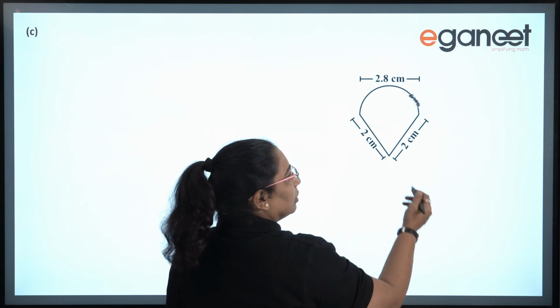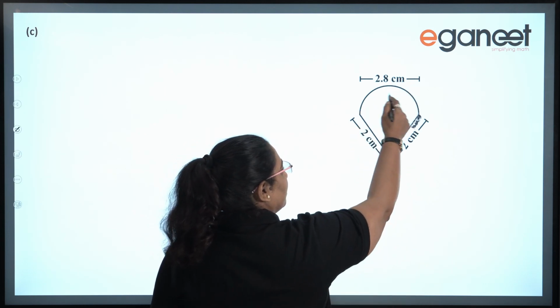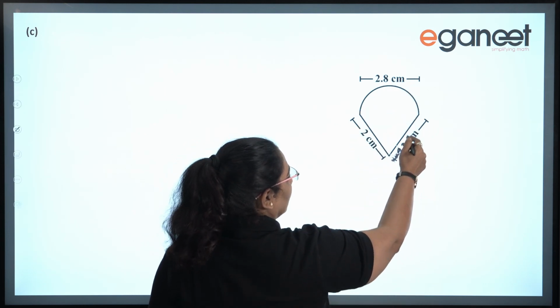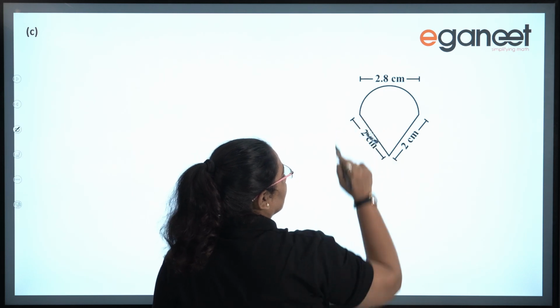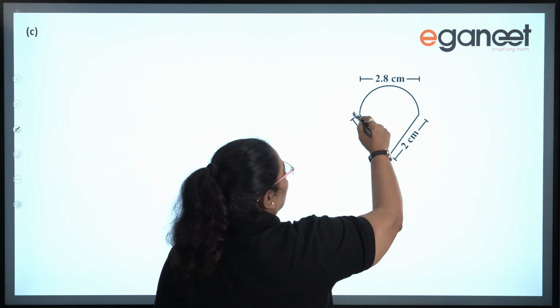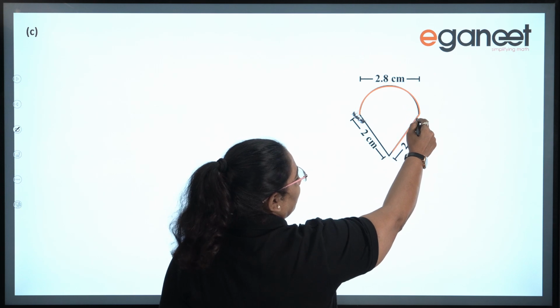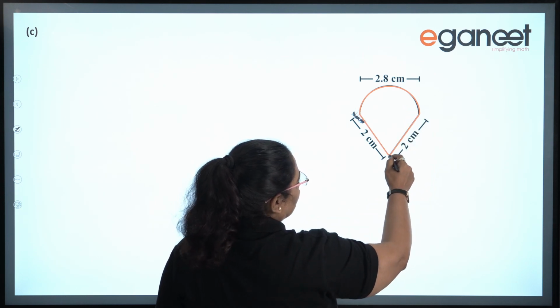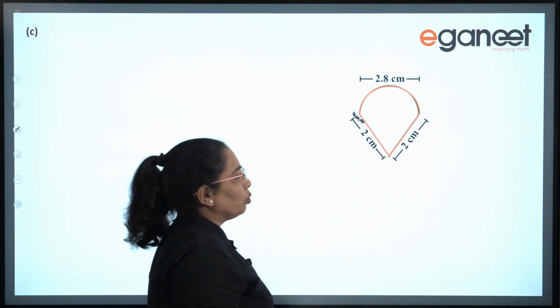Now for the third piece, let us see, this ant is moving like this. Okay, completing the semicircular round, then this straight line and then this straight line. So the perimeter is pi r plus 2 centimeter plus 2 centimeter.